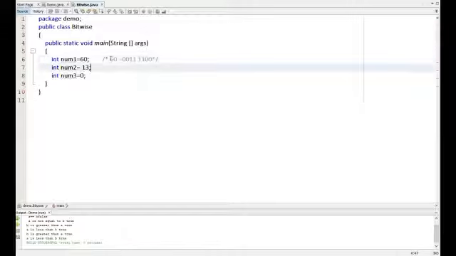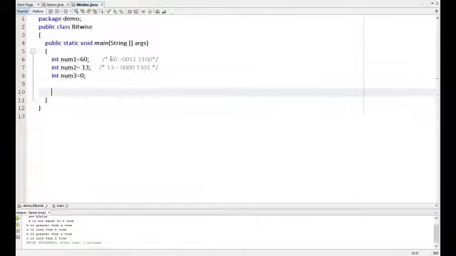And similarly, 13 can be defined in terms of the bits as 0 0 0 0 1 1 0 1. So when we operate bitwise operators on these two numbers, they are not going to have an integer property or an integer division. They will operate on the bits.